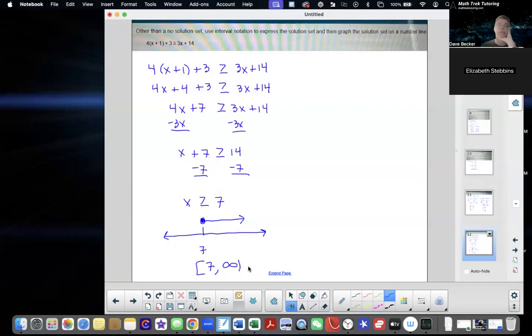Infinity is never invited to the party. So it has a parenthesis. Correct. Infinity is excluded.